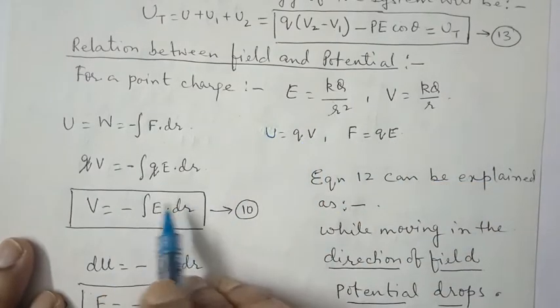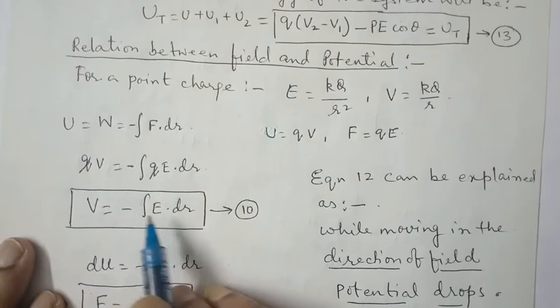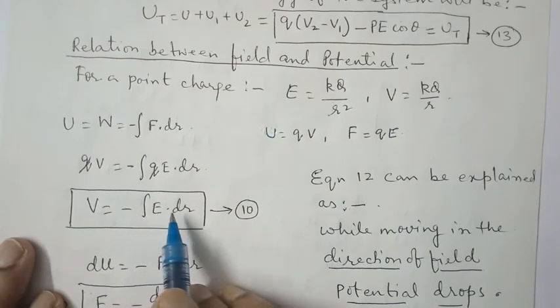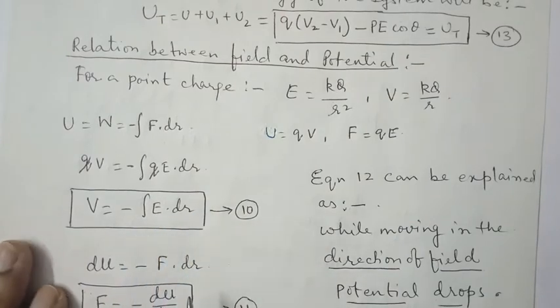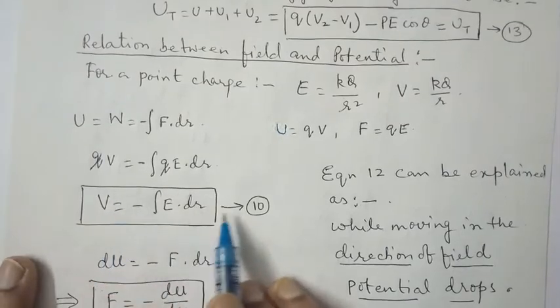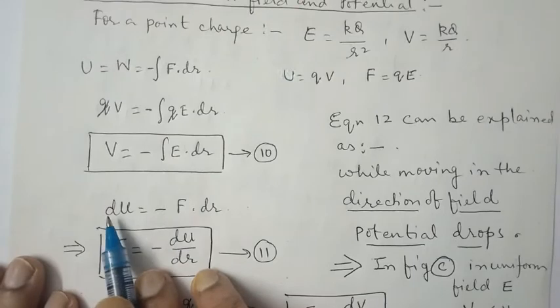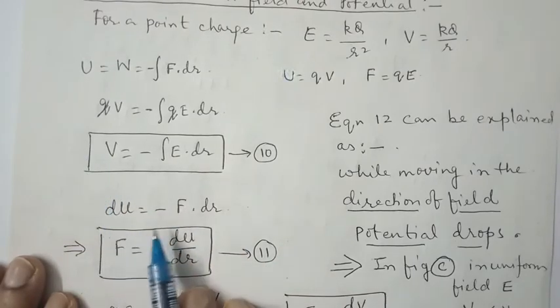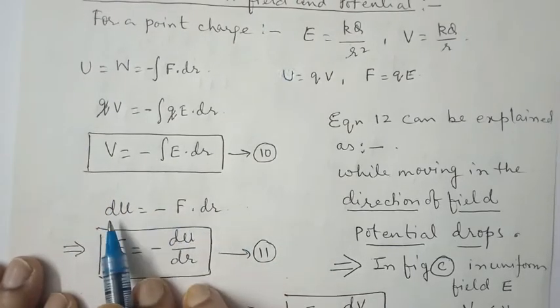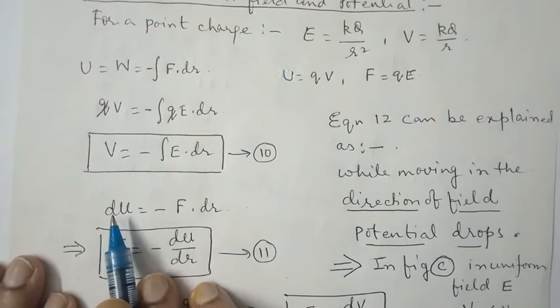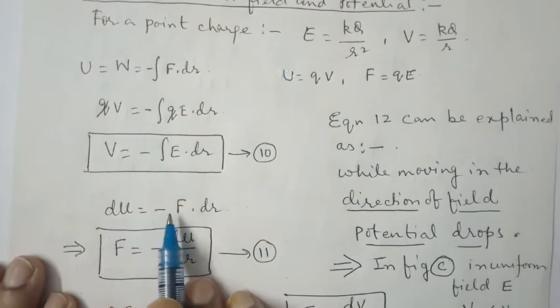If I put it over here, V comes out to be minus integral of E dot dr. Very important expression, remember it. Similarly, if I talk about the work done, dW is equal to F dot dr, and when I talk about potential energy, dU is equal to minus F dot dr.